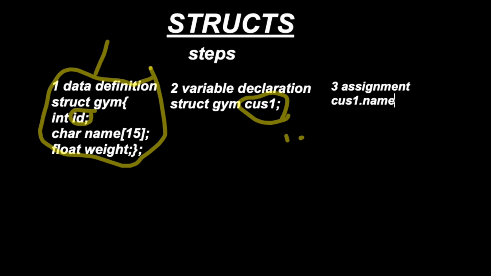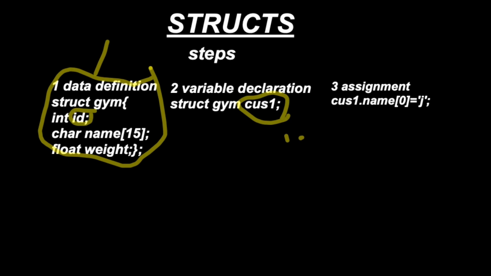We can see that this name is actually an array, so we can assign values in the form of an array. Let's say here I'm trying to assign a character to the first element of the array. Let's say I'm trying to put the name of the person as John, so it starts with J. So I'm going to put that first.